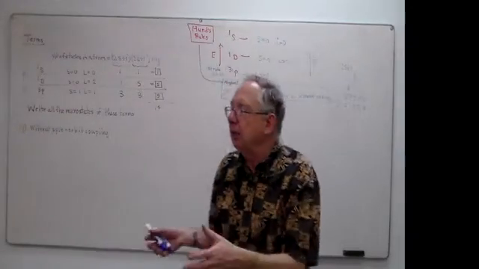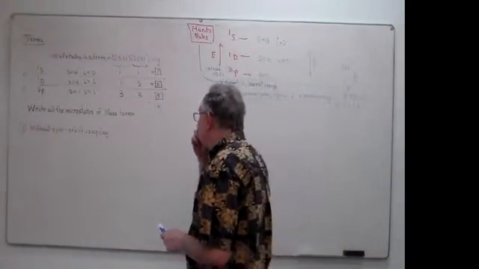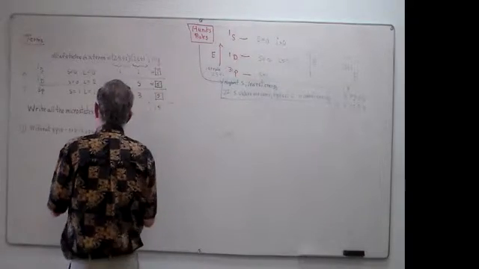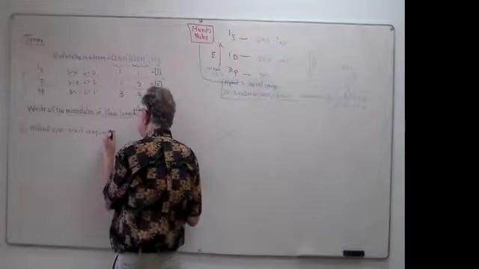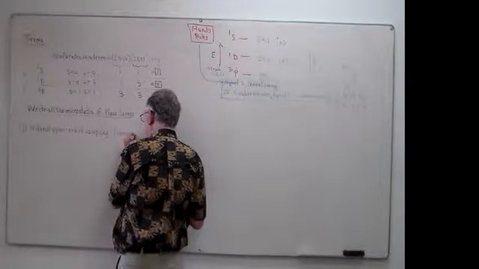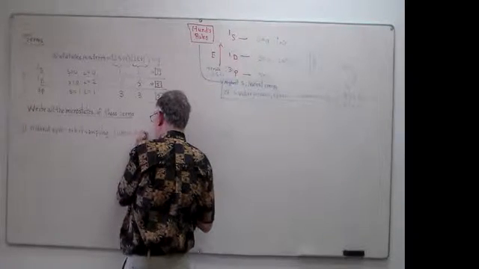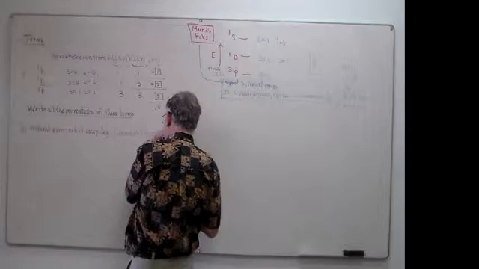Now, in reality, they will, and that's why we get the sodium doublet. But we're going to write all the microstates of these terms without spin orbit coupling. This is the so-called uncoupled representation.